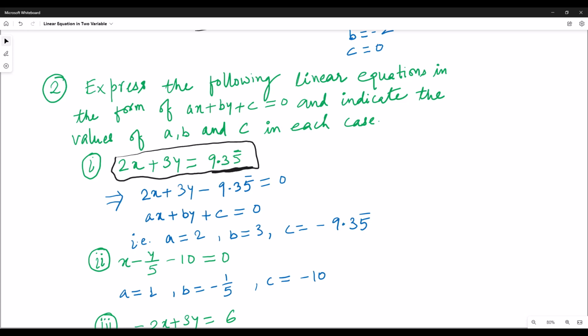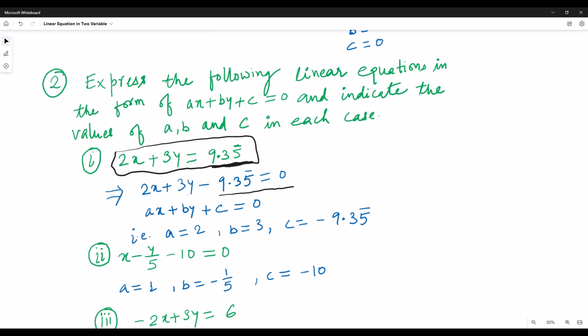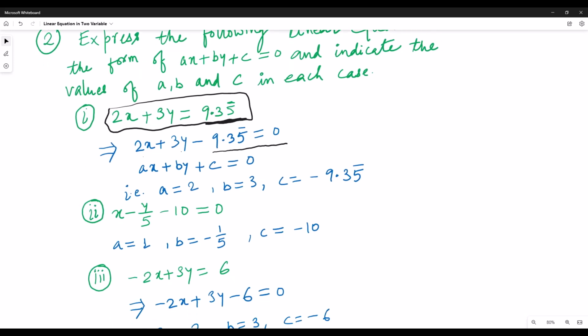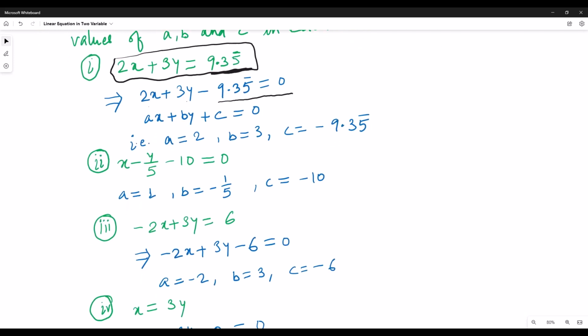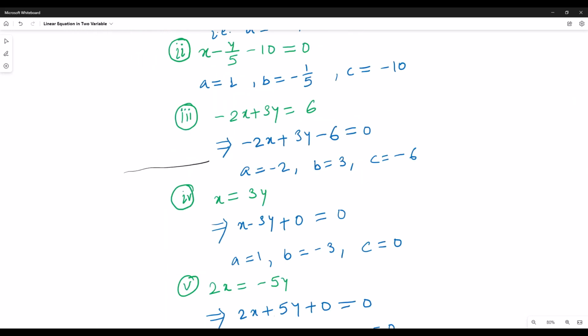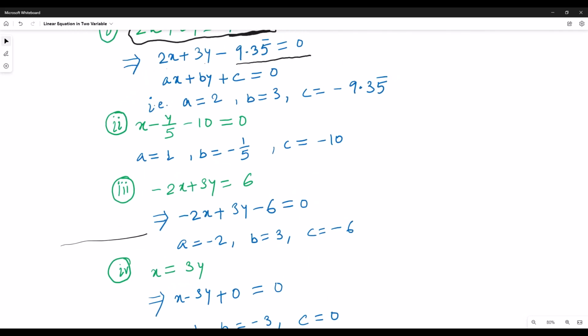So we can write it in the form of ax plus by plus c, like 2x plus 3y minus 9.35. So here a is 2, b is 3, and c is minus 9.35. Likewise, the same thing. You can see a is 1, b is minus 1 by 5, and c is minus 10.